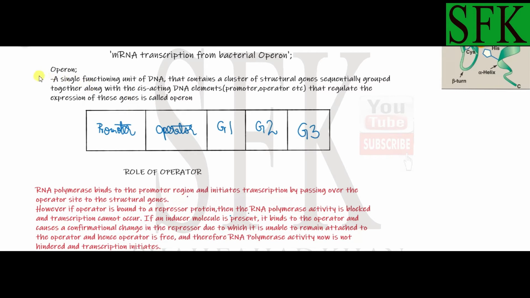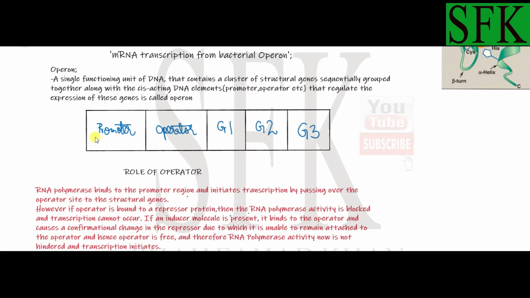So basically, a DNA functioning unit containing a cluster of genes over here and the regulatory sequence of the DNA. This regulatory sequence regulates the expression of these genes.